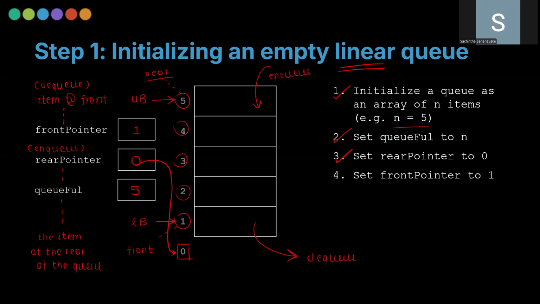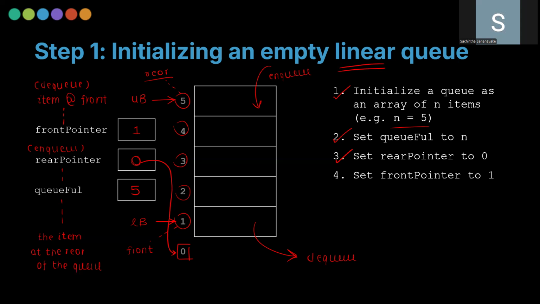But the next time we add an item, rear pointer will be set to 1. And that position would be where the last item added to the queue will be. Therefore, rear pointer keeps track of the index of the rear of the queue, or the last item enqueued to the queue.